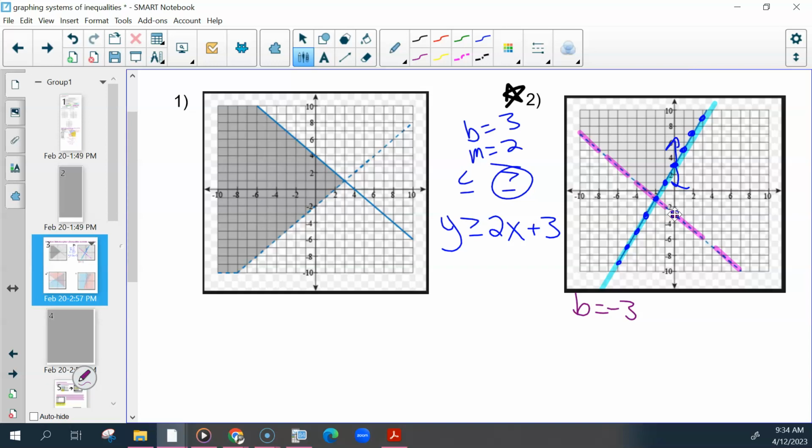And then our slope, it looks like it goes up 1, left 1, but just to make sure, I'm going to put a point at each one and see if that's the pattern all the way through. And it does. Sometimes it'll look like the slope is 1 or -1, but it'll really be like 2/3 or 4/5 or something like that.